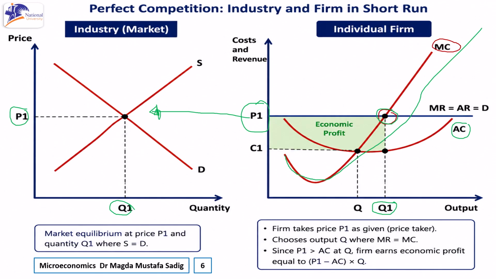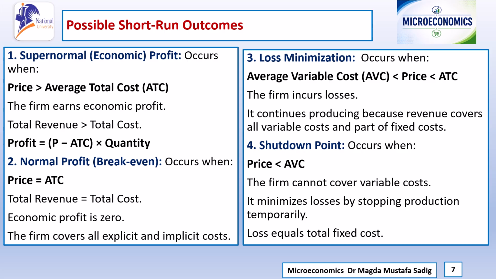Then it chooses Q where marginal revenue equals marginal cost. Since P1 is larger than average cost at Q1, the firm earns economic profit equal to P1 minus C1 multiplied by Q1.